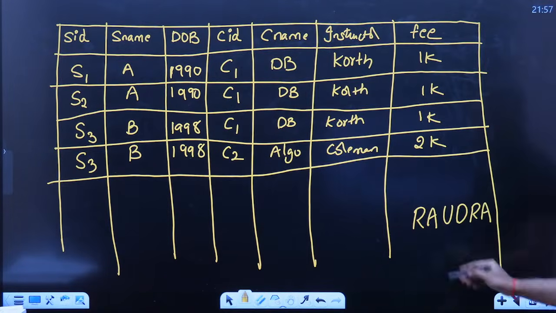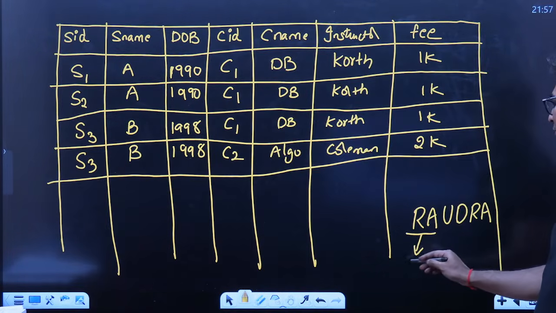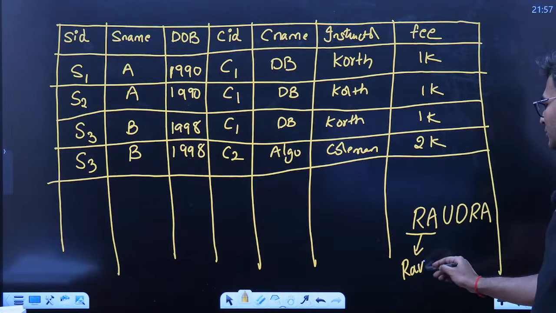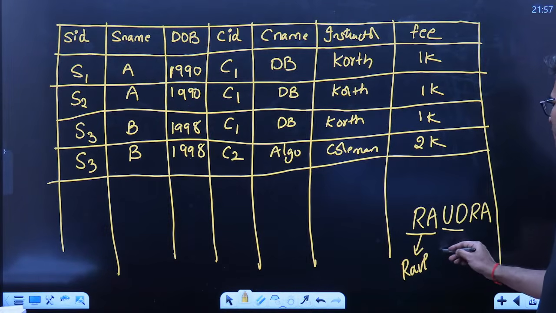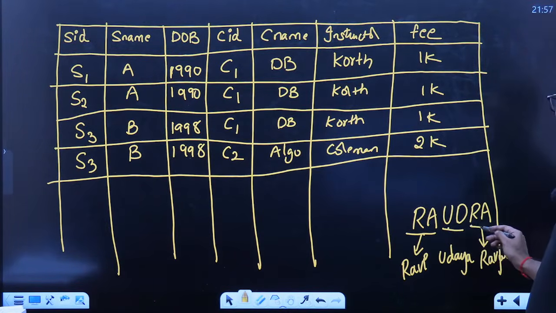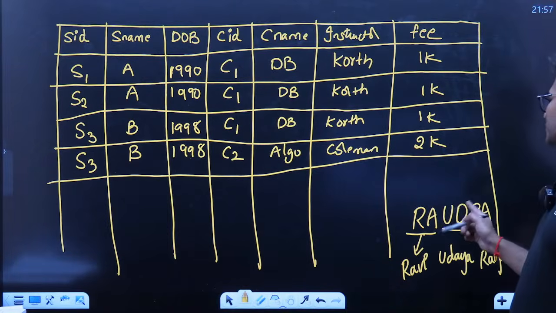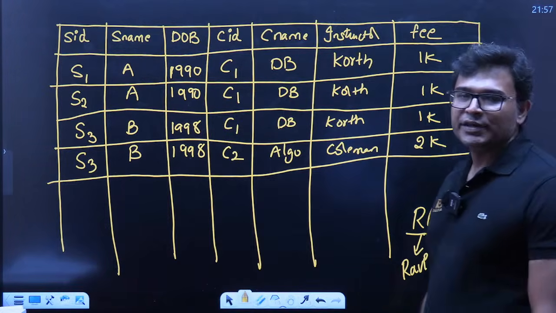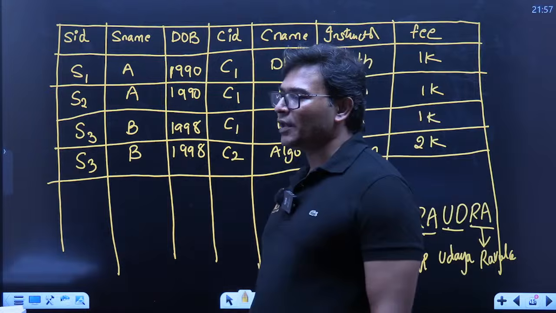Ra means Ravi, Ud means Udaya, my wife, and Ra means Ravula. Ravi, Udaya, Ravula, and Raudra stands for indignation. So there is a lot of thought gone into naming this.